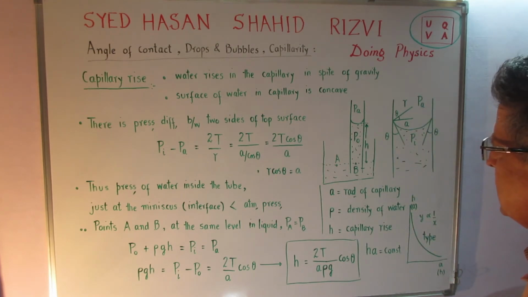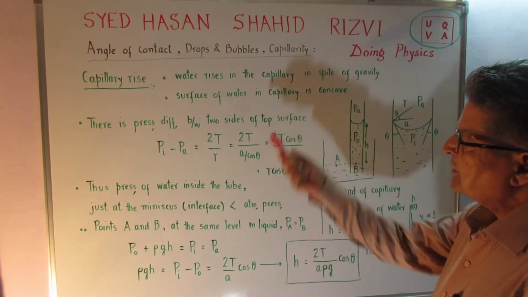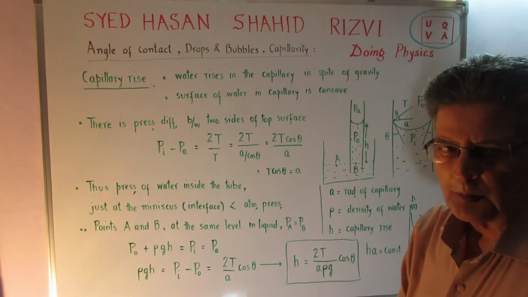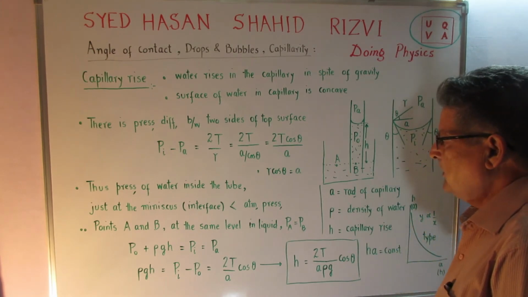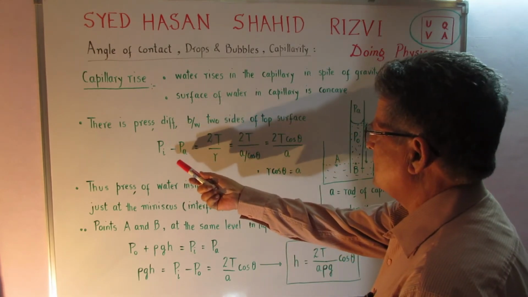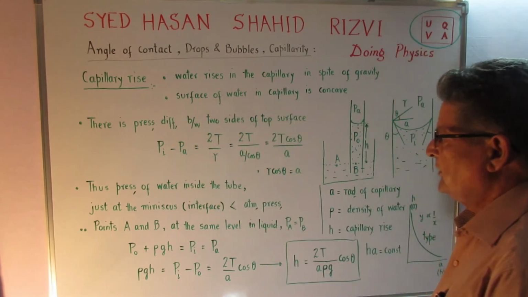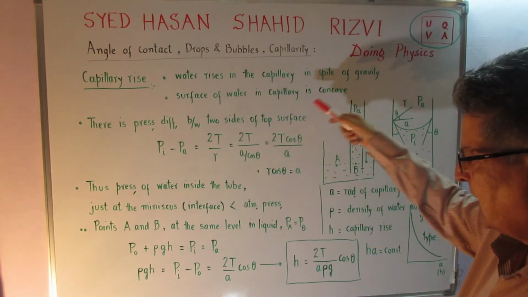So what we find is that there is a pressure difference between the two sides of the top surface, and that can be shown as the internal pressure minus Pa is equal to 2T upon R, as has been derived earlier.